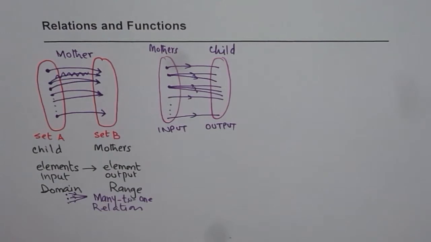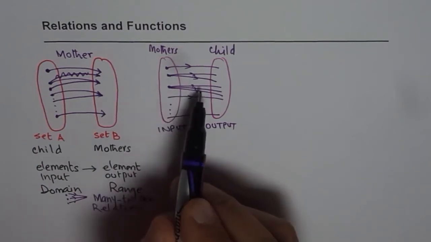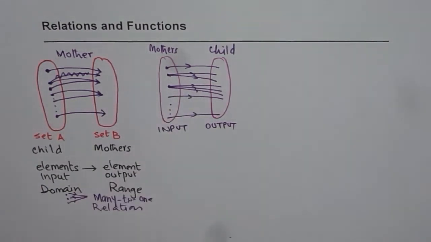Now if a mother says that my child is always asking for money, then we are not sure which one, because a mother can have more than one child. So there is an ambiguity. In mathematics, we do not like to have those ambiguities. And so we have a different term.